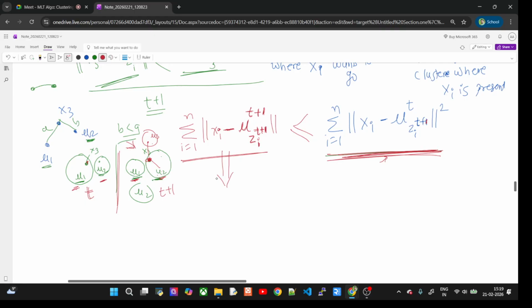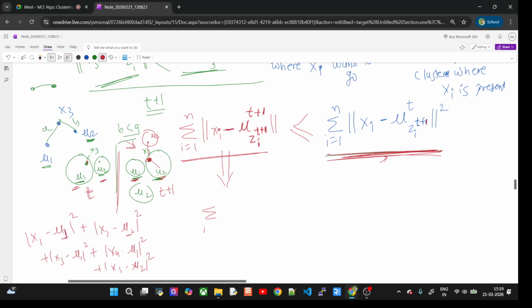So how can we write this? Because we have seen x1 minus mu1 earlier, correct, x2 minus mu2 whole square plus x3 minus mu1 whole square plus x4 minus mu1 whole square, plus and so on, as we have seen for the 5 points. This is the example we have seen. What does mu1 mean?